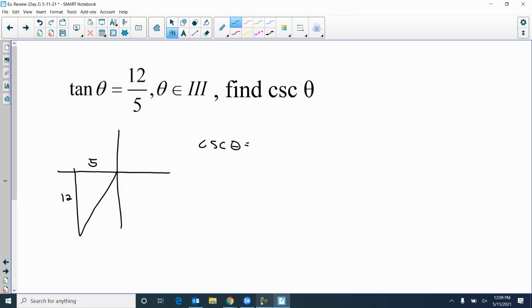All right, take a second. What's the cosecant in terms of opposite, adjacent, hypotenuse? Cosecant is the flip, the reciprocal of sine, right? Sine is opposite over hypotenuse, so cosecant is hypotenuse over opposite.